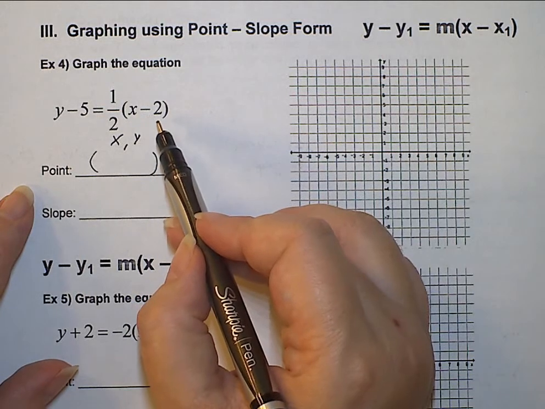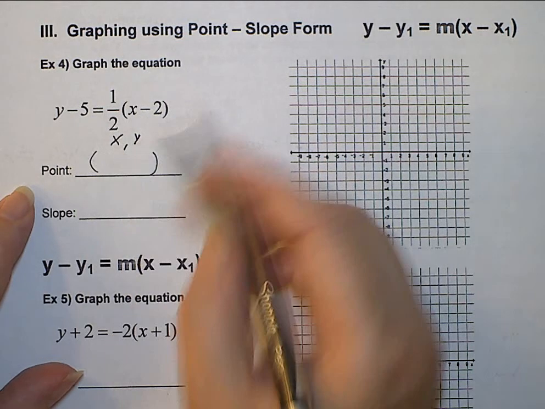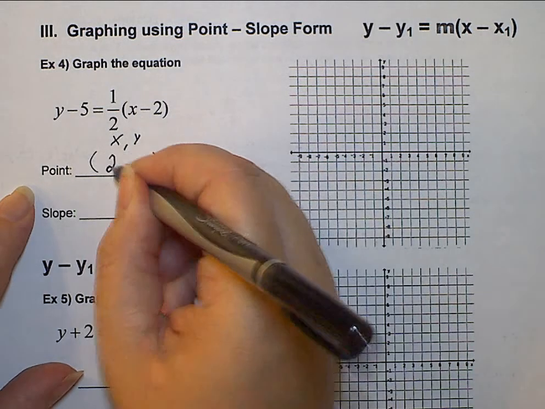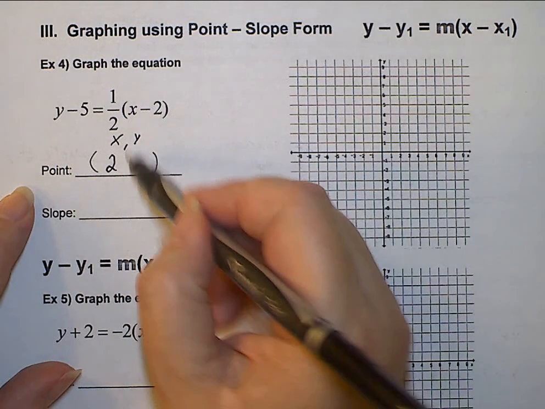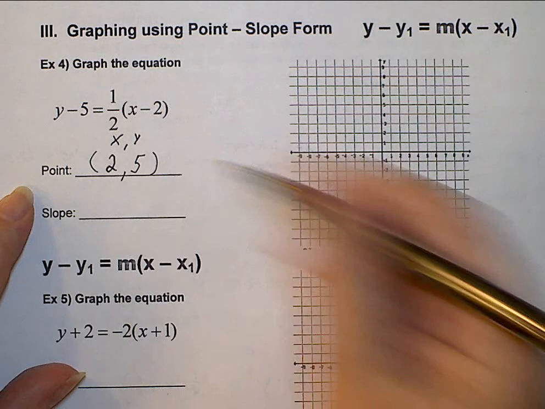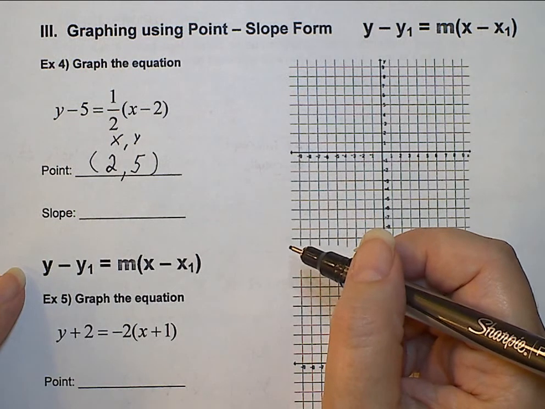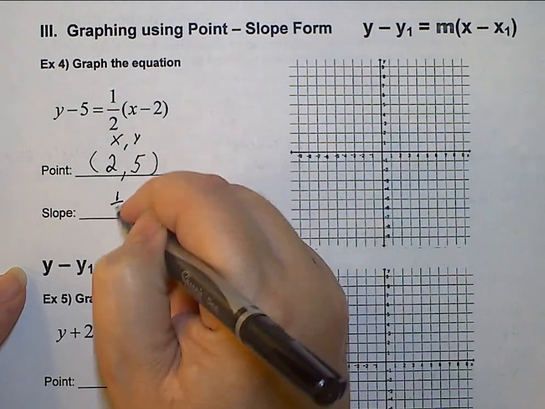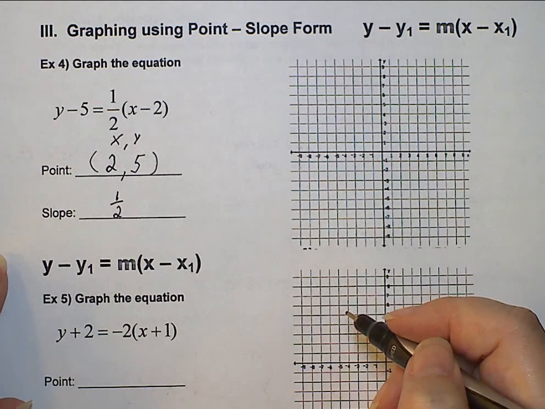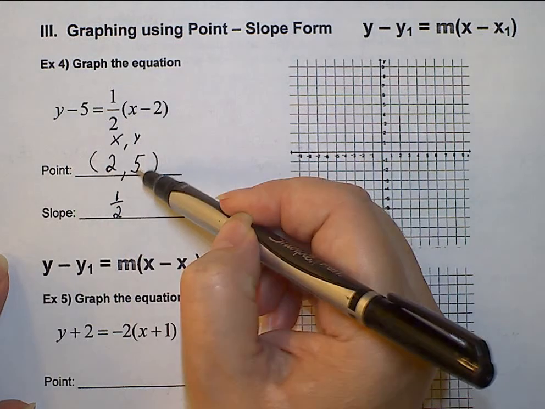What is my x value, class? 2. Positive 2, because it's opposite. My y value is 5. What is my slope? A half. So remember, x values are opposite, y values are opposite, and the slope is right here.